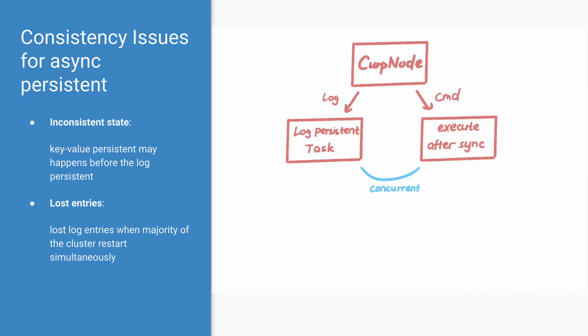There's another issue with async log persistence: the cluster may lose some log entries if the majority of the cluster restarts. For instance, if you deploy some Xline nodes in a single data center and a power outage occurs, then you could potentially lose your data.